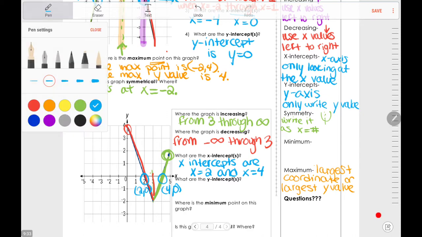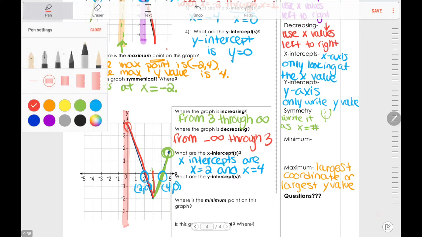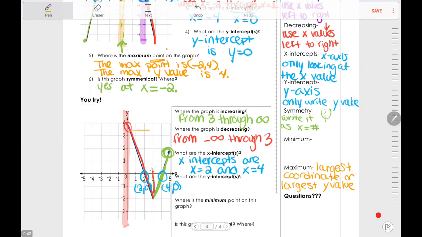All right, y-intercept, where it hits the y-axis. And I already see where that crossed. Right here. There's only one. The y-intercept is y equals, this coordinate is 0, 4, but we only care about the y. So y equals 4.